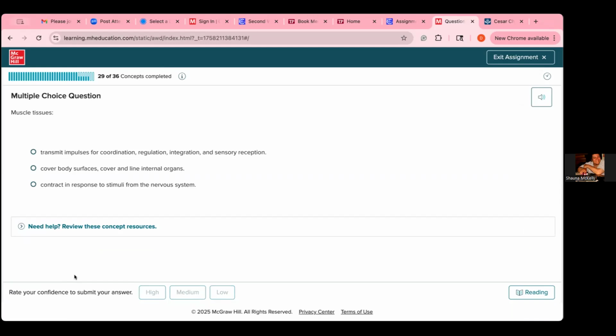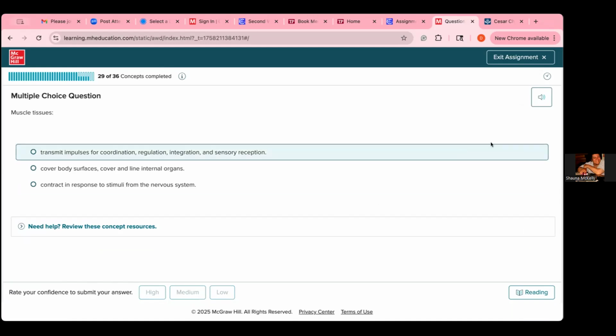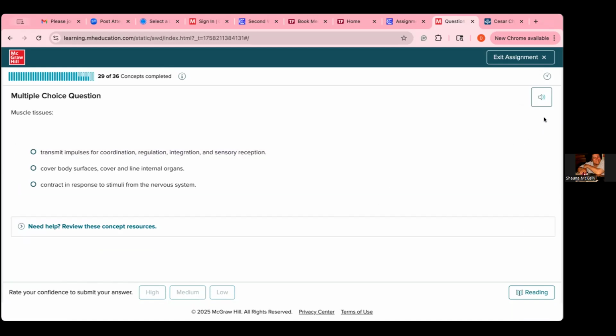Muscle tissue. What do muscle tissues do? You can get this one. I think it would be contract in response to stimuli from the nervous system. That's right. That's what they do.